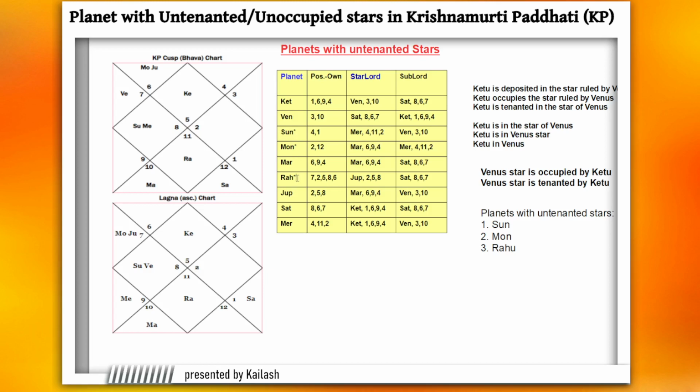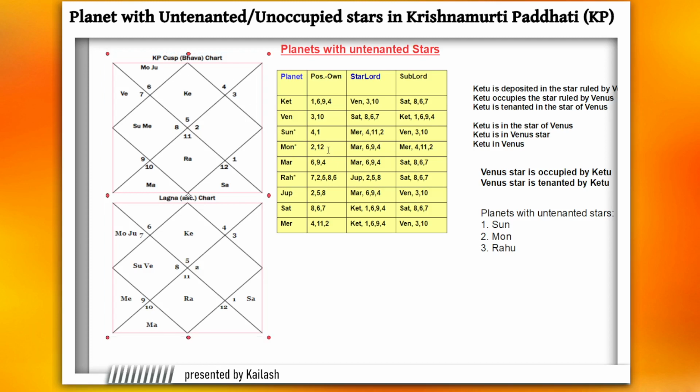Now what happens is that if you look at the moon, you normally say that moon is placed in the second house, and moon is the owner of the 12th house, right?